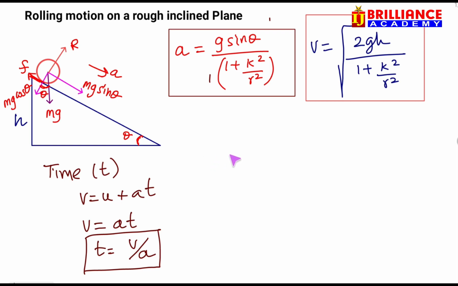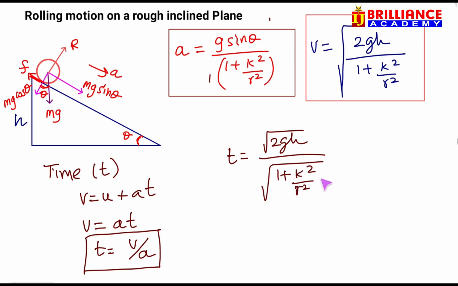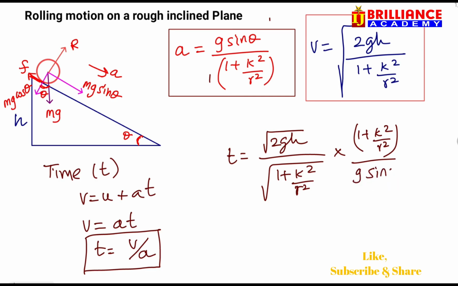So let me do it. So t is equal to, so v I am going to substitute, so root 2gh. I'm going to put root separately, root of 1 plus k squared by r squared, and I have to divide it by a. So instead I am going to multiply by the reciprocal, so 1 plus k squared by r squared by g sine theta.